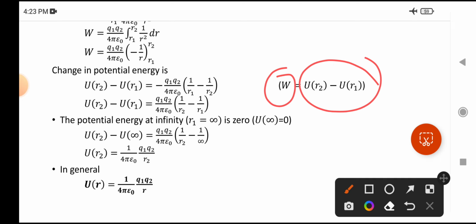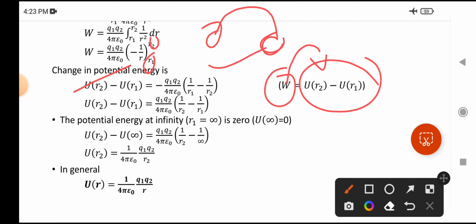Because work can be stored in the form of any energy, either kinetic energy or potential energy. Kinetic energy means the particle has to move continuously, but here it is not moving; it only changes from one point to another and is again at rest. So only potential energy is present, that is the change in potential energy.